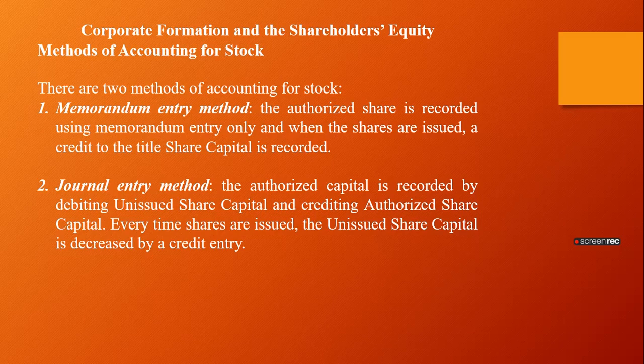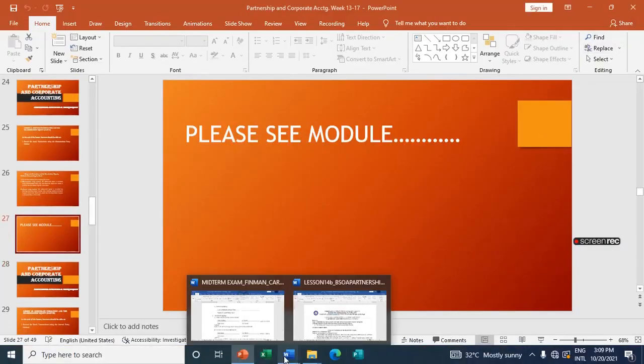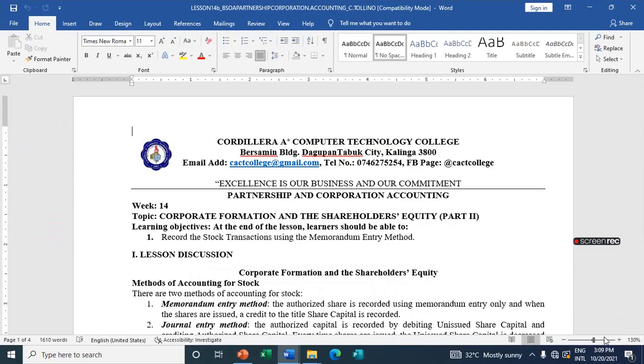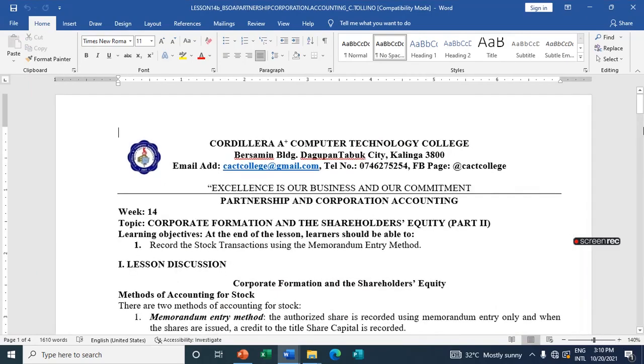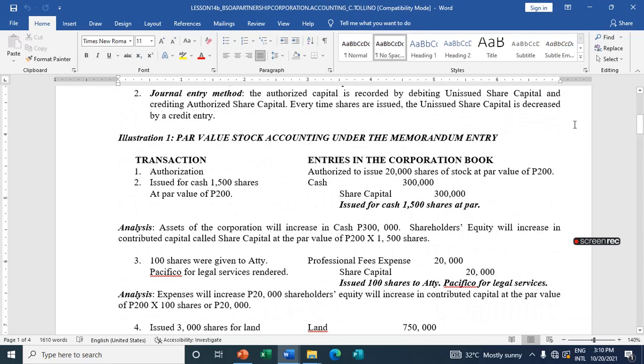Let's first discuss the memorandum entry method for this week. Let's look at our module. Illustration 1: par value stock accounting under the memorandum entry method.